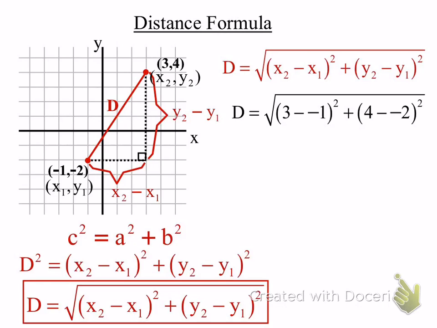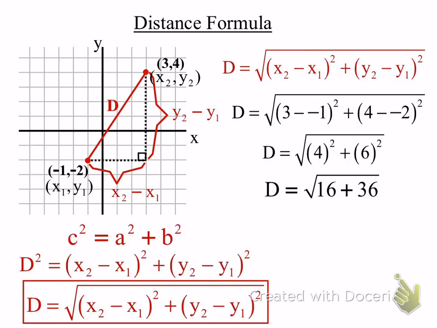That's 4 squared plus 6 squared. 4 squared is what? And this is 36. Add them together. Square root of 52. 52 is a little more than 7 squared, so that's 7.2. That was pretty good.